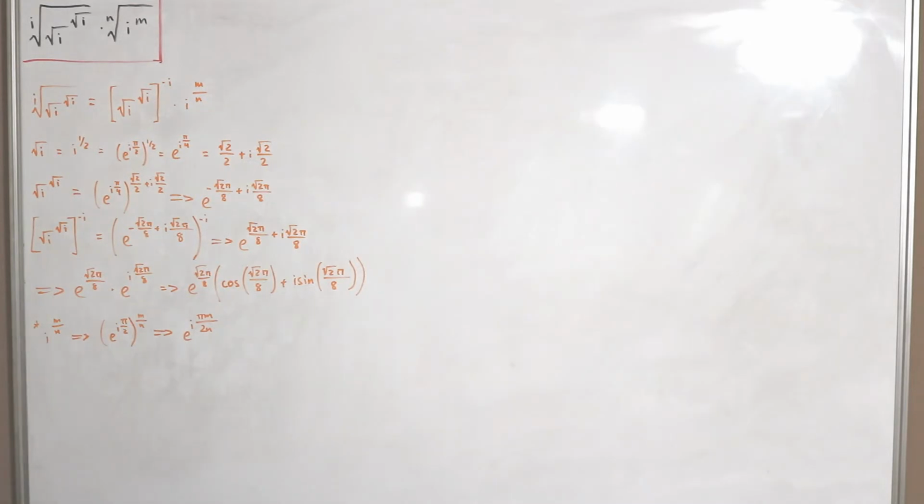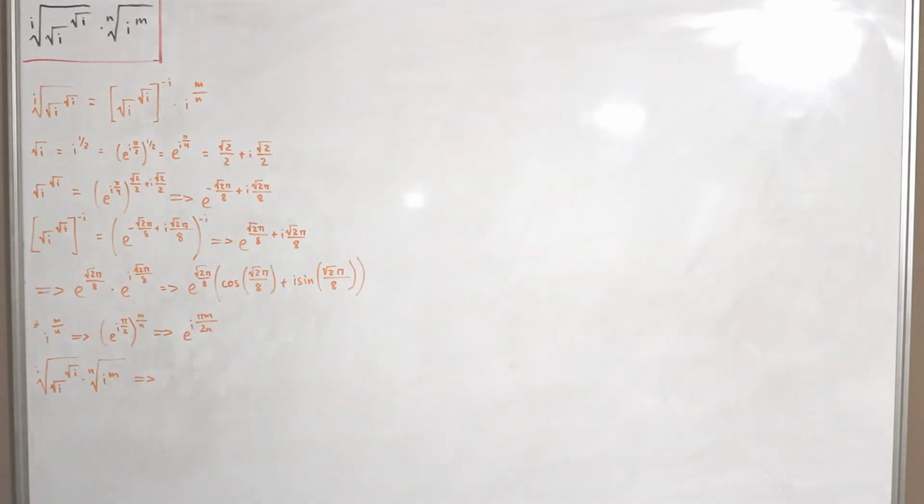If we were to combine stuff together, then we have the root of the square root of i, then times the n-th root of i to the power m.